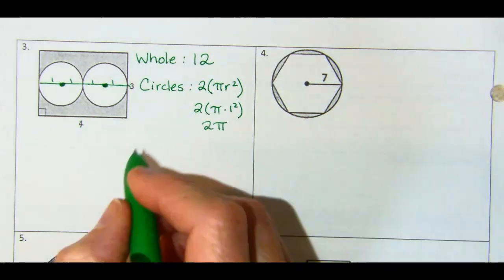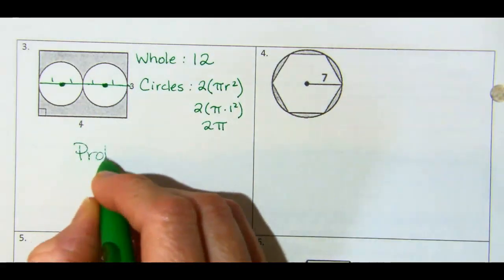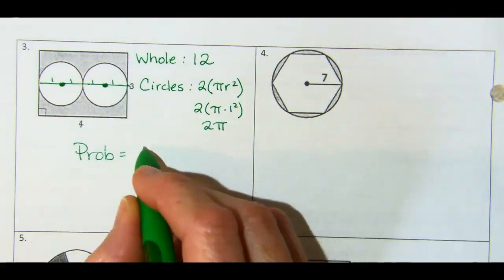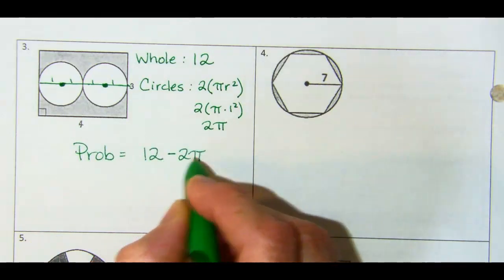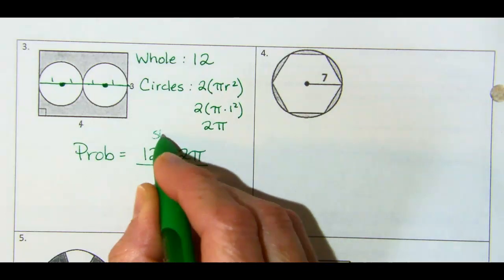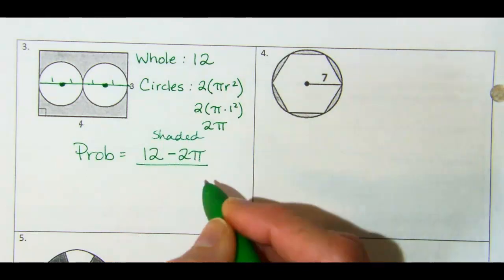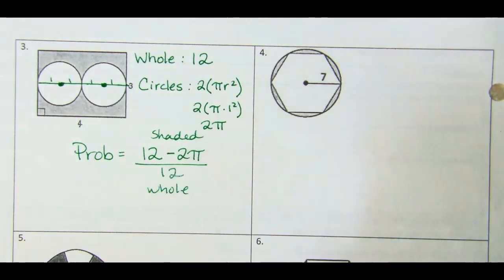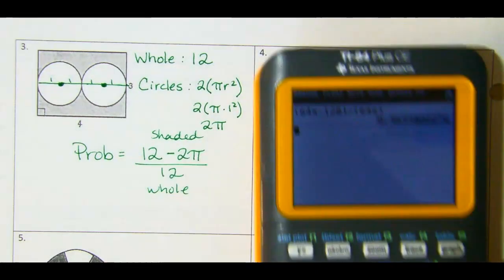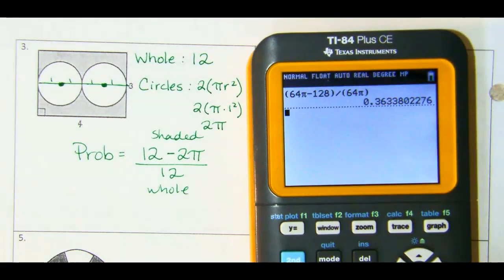Now, the probability of this is going to be the whole subtract out the part, now that is going to be the shaded part, over the whole part, which is simply 12. And again, we're going to use the calculator to calculate this for us.